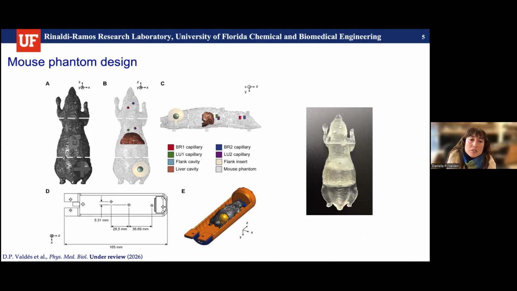This filling guide will have a mark for brain and lung, for example, and so you fill the capillary and you prevent the solution from being higher than that mark in the filling guide, so that it's telling you that the signal is going to be inside the phantom when you image.